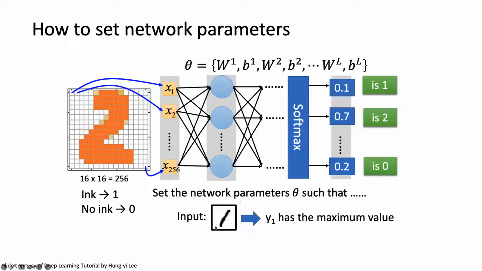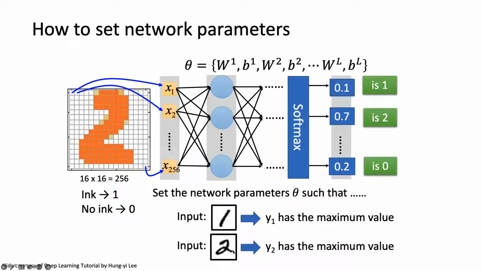For example, for an input image of 1, a good set of neural network parameters should produce a maximum value in the first entry of the prediction vector. And this is similar for the input image of 2. The second entry should have a maximum probability value.